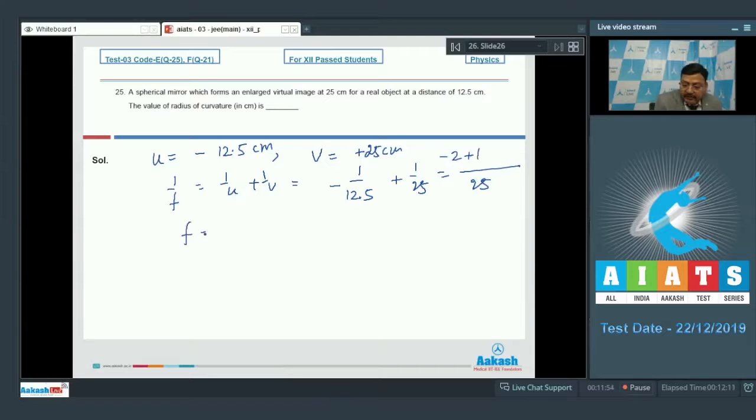So the value of f is minus 25 centimeter. The radius we know is 2 times f, so this is minus 50 centimeter. So the value of radius of curvature of the mirror is 50 centimeter, and so our answer to this final question is 50.